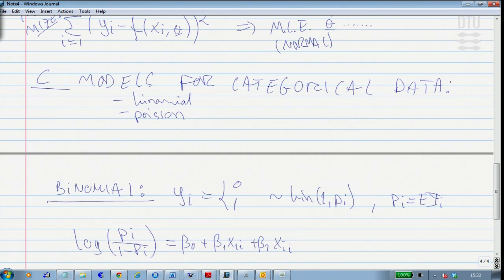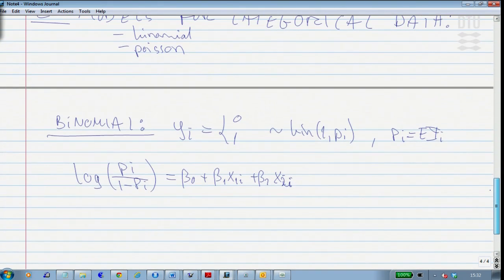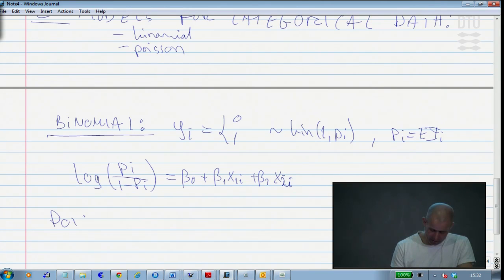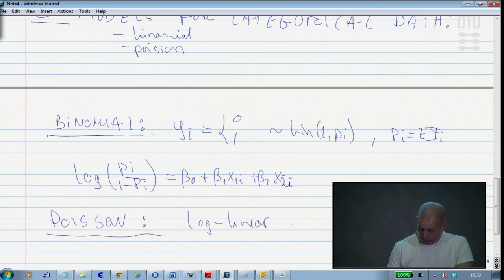So you could express regression models, x2i, on a nonlinear scale, or at least having a nonlinear link between the linear scale and the expected value of the observations. And then if you, for instance, had Poisson data, there could be a kind of log linear model coming out of this.